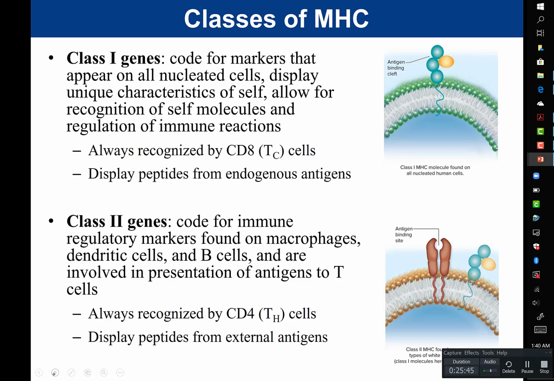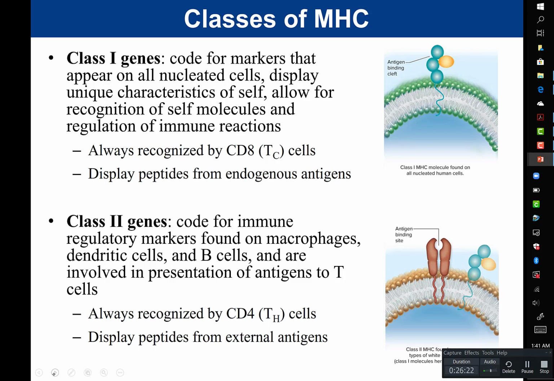And so what that means is that if an antigen is being displayed on MHC1, what that tells the immune system is that cell is infected. It's like telling the immune system, I'm infected, I need to be destroyed. And so MHC1 is going to be used to display peptides from endogenous antigens, meaning from within the cell itself.